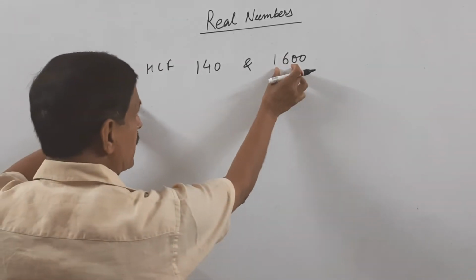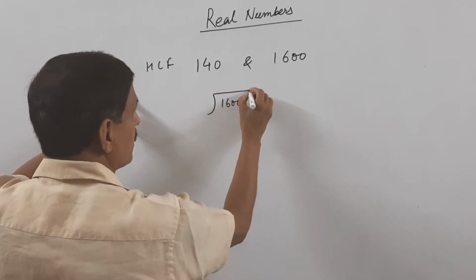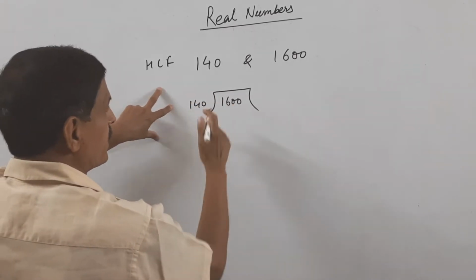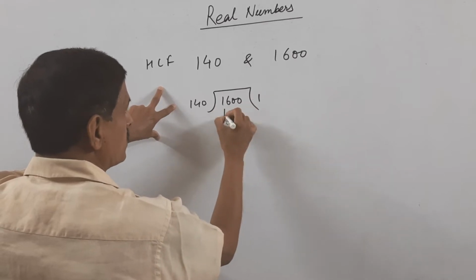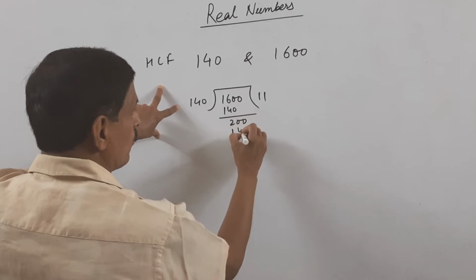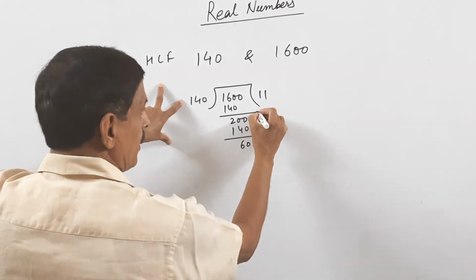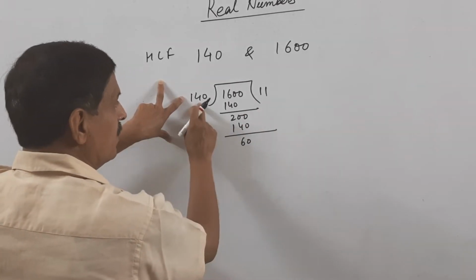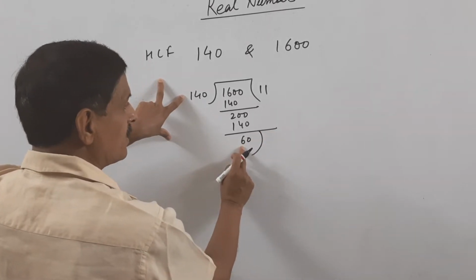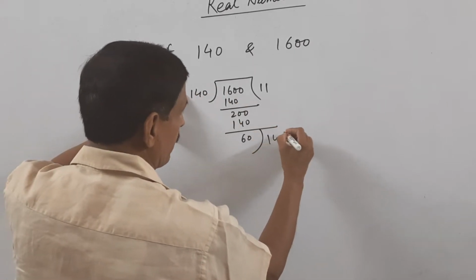We take the greater number as dividend and the smaller number as divisor. Then we divide it. 140 1 times 140. Subtracting gives 200. Again 1 time 140. Now 60 is the remainder. When the remainder is less than the divisor, we take this as a new divisor and the previous divisor is used as dividend.